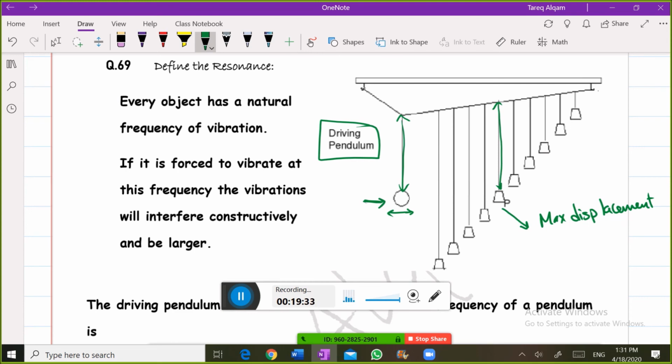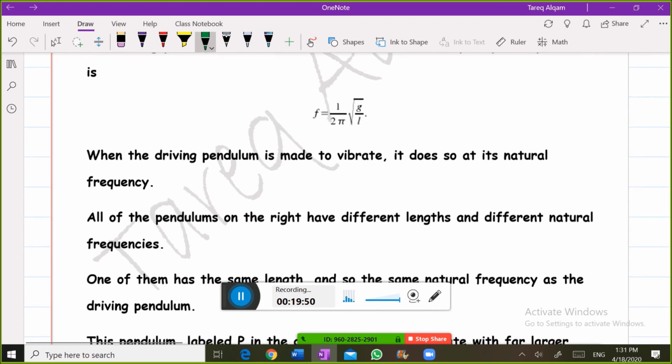If the frequency of the driving pendulum matches the frequency of this pendulum, it will oscillate at maximum displacement.